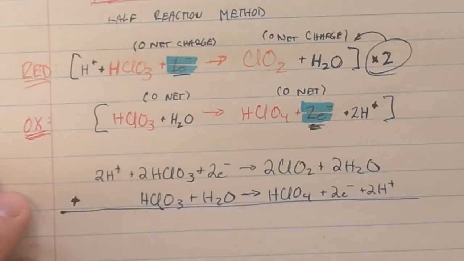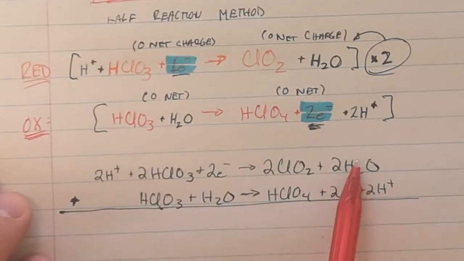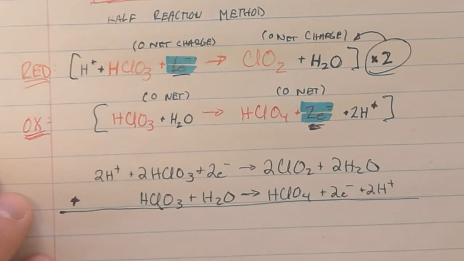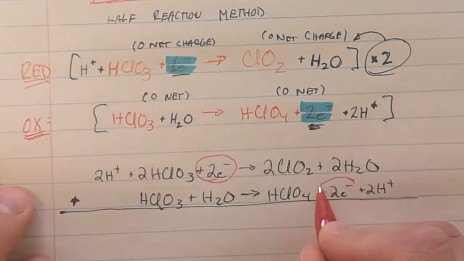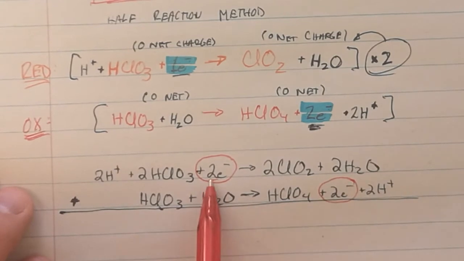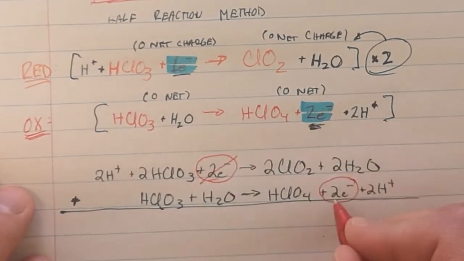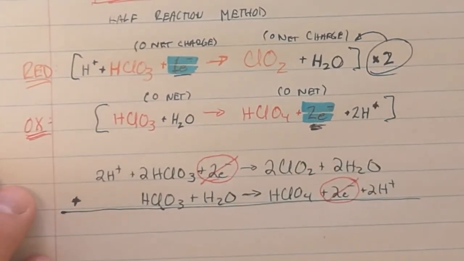Now let's add our reduction half reaction and our oxidation half reaction together to get our balanced chemical equation. First, let's identify a chemical species that we can reduce. If we start and finish with 2 electrons, we can cancel those.